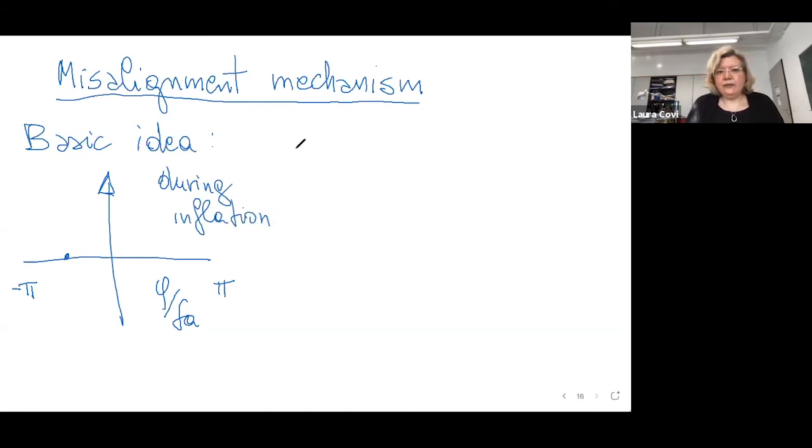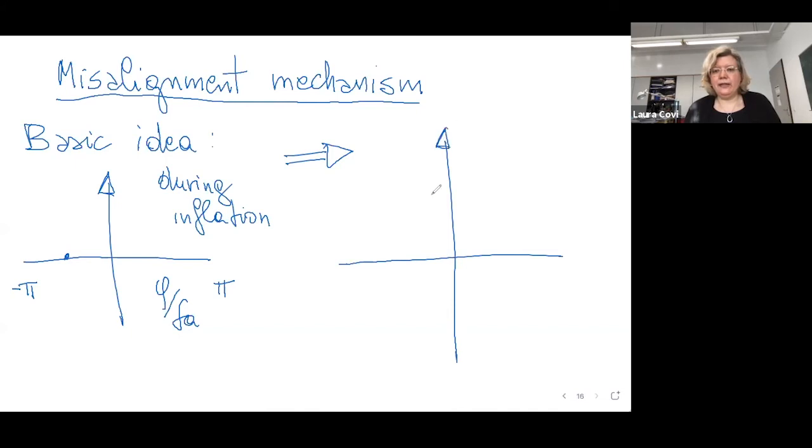But then after inflation and later on, what happens is you generate a potential. So if you generate a potential, now the potential would look something like that. At the end, it is of course a cosine, so it will look like this, from minus pi to pi.